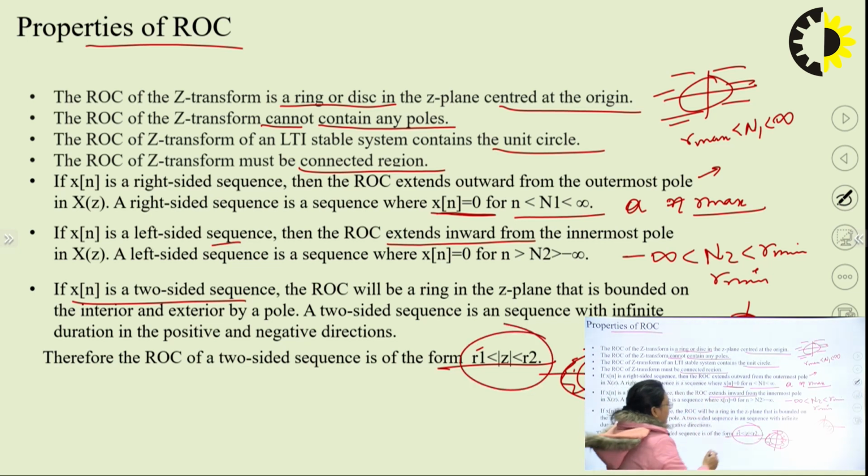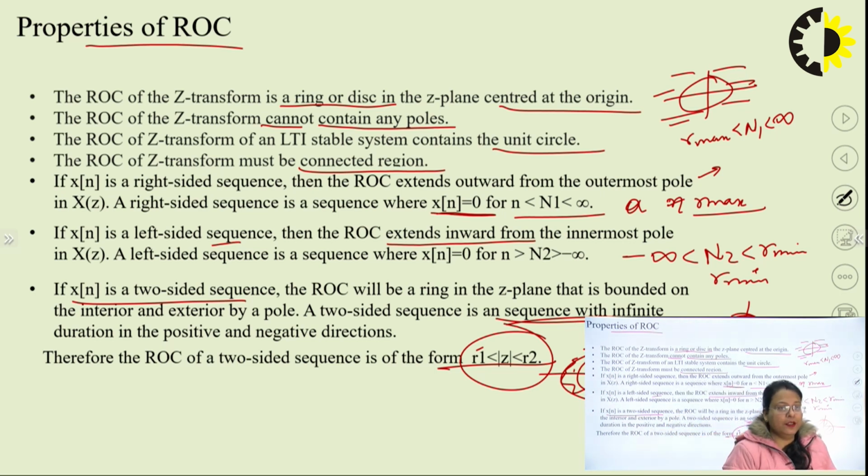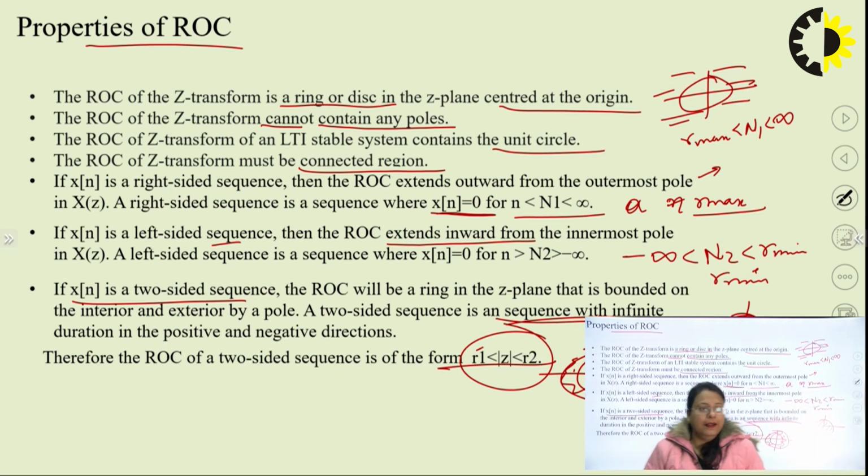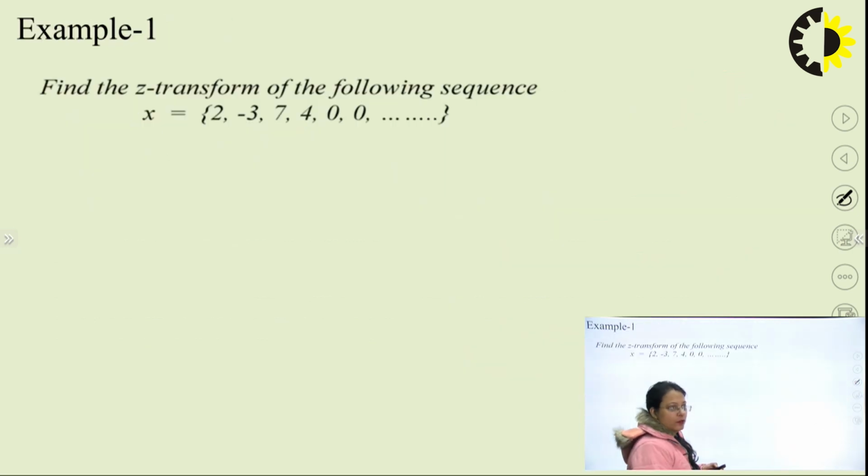The condition is that the sequence has infinite duration in the positive as well as the negative direction. So, based upon this, let's solve some examples of the Z transform.